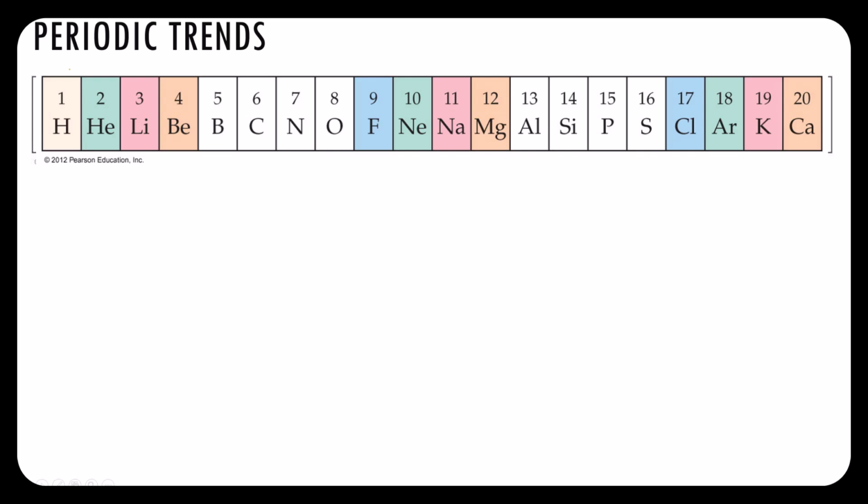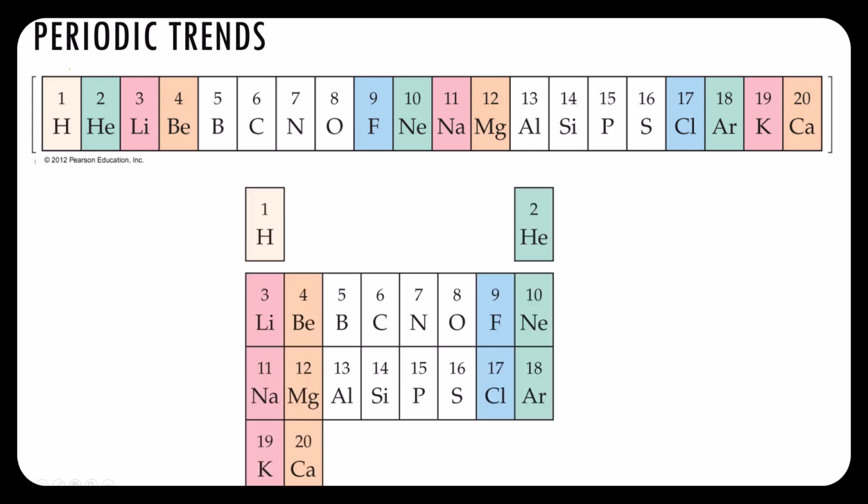That didn't work. And then once we started to discover protons, they put them in order by their protons. That did work. So here's where we have the beginnings, the start of the modern periodic table. So we take these elements that have repeating patterns, we stack them one on top of the other, and we get the beginnings of our periodic table as we know it.